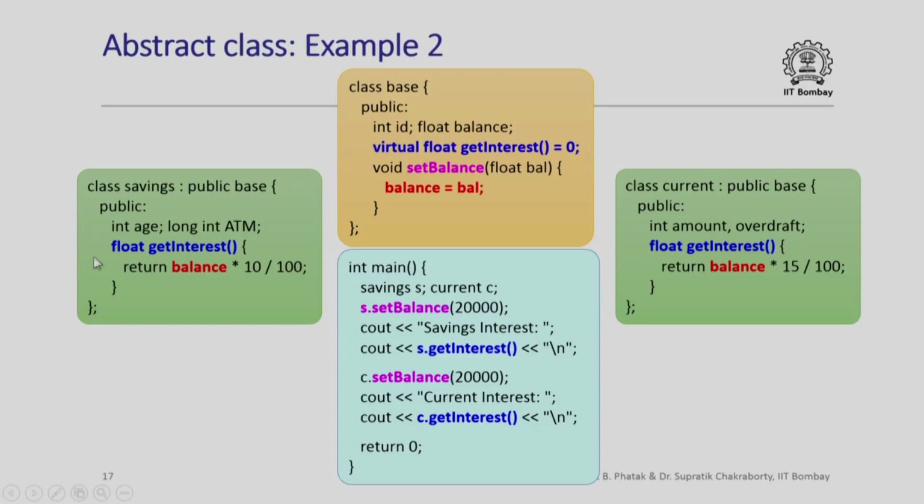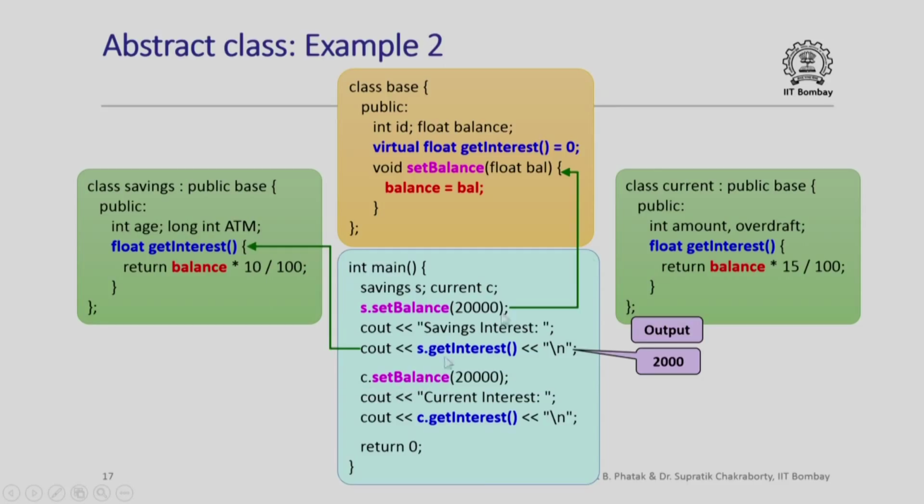In fact, it is a pure virtual function and it is redefined in the class savings. So when I say s dot get interest, it is this function which gets called and it returns the value that you will get by doing this calculation. So s dot set balance really calls this, s dot get interest calls this, and 2000 gets printed.